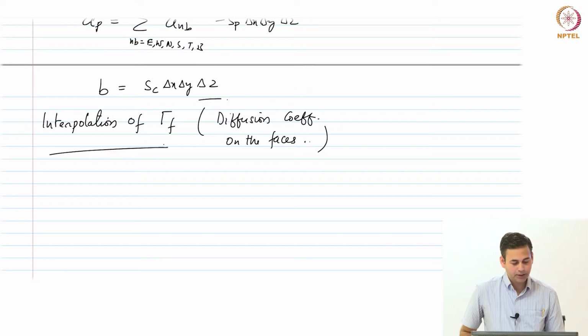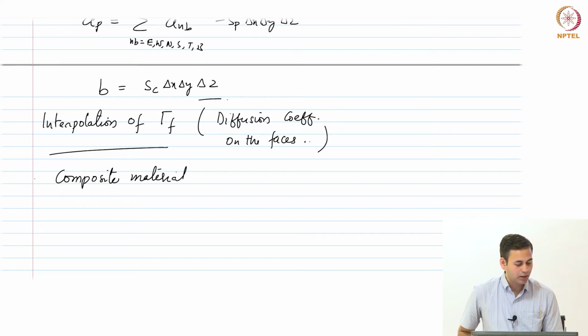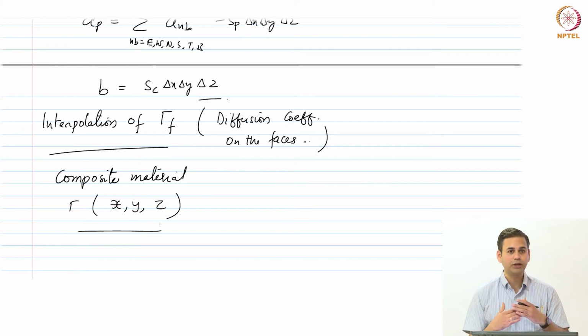The idea here is that, let's say you have a composite material, where you have the thermal conductivity or the diffusion coefficient as a function of space. For example, gamma is a function of x, y, z. That means depending on where you are, you have a different thermal conductivity. You could have a composite material in which two slabs or multiple slabs are stitched together. In such cases, how do I calculate gamma on the faces? That is the question.